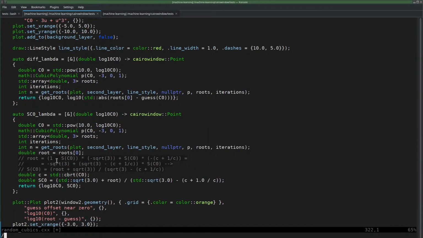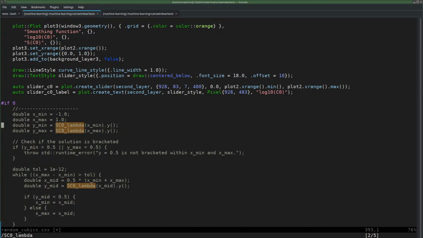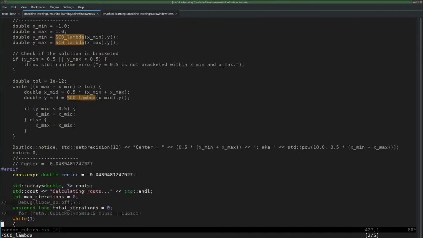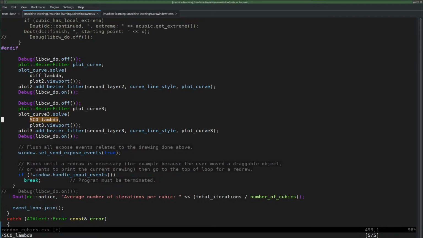So wherever we do this, and I now also want to plot it in the same graph.